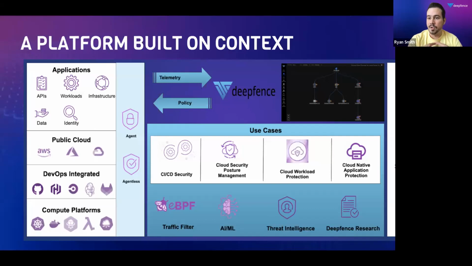So Deepfence ultimately provides you a platform built on context. And we kind of talked about alert fatigue earlier in the conversation.